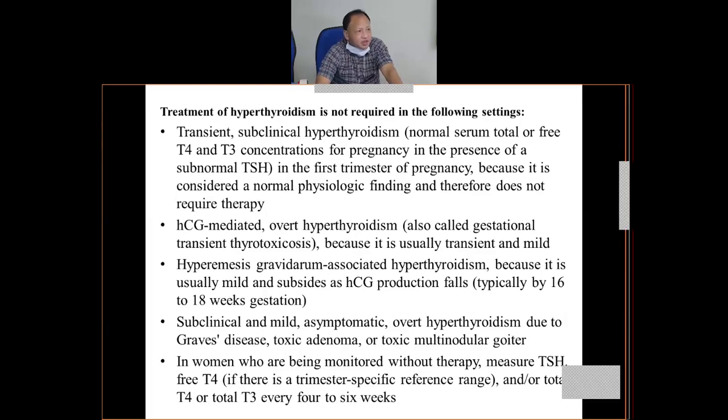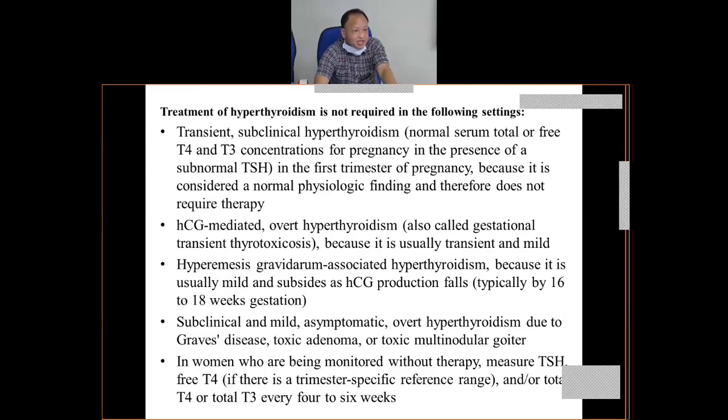Important: HCG-mediated overt hyperthyroidism, also called gestational transient thyrotoxicosis, does not require treatment because it is usually transient and mild. Hyperemesis gravidarum associated hyperthyroidism again is not treated because it is usually mild and subsides as HCG production falls.